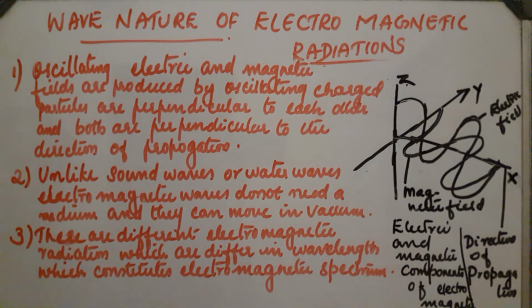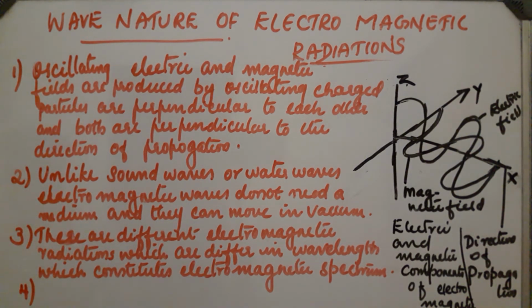This electromagnetic spectrum we will study later. So, there are different electromagnetic radiations emitted by the subatomic particles which differ in their wavelength and which constitute the electromagnetic spectrum. Now, fourth point.